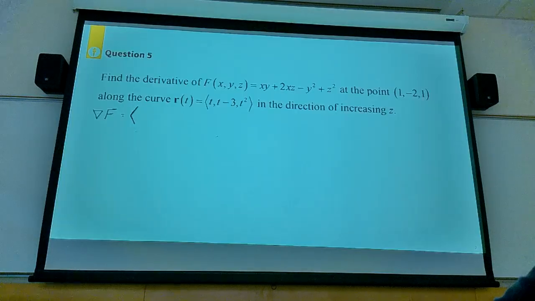What is the gradient? y plus 2z, x minus 2y, 4z.